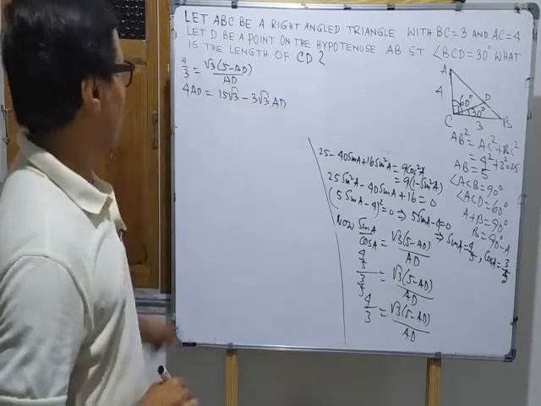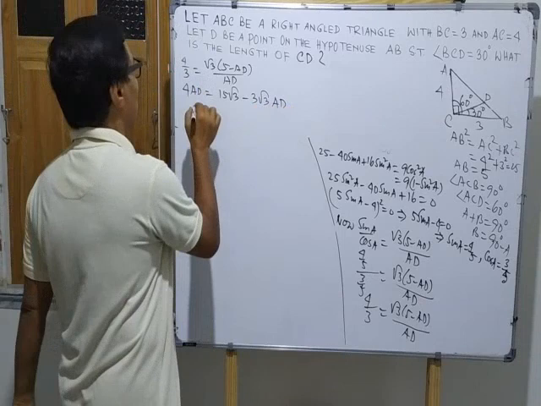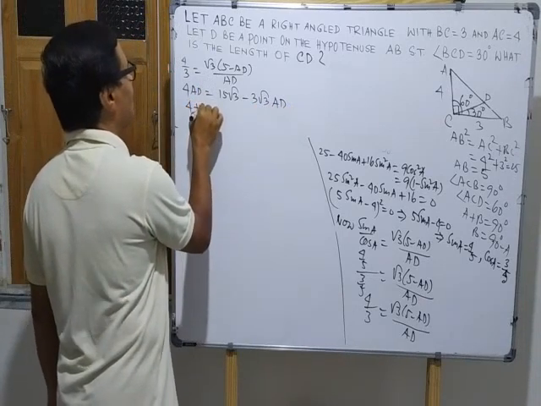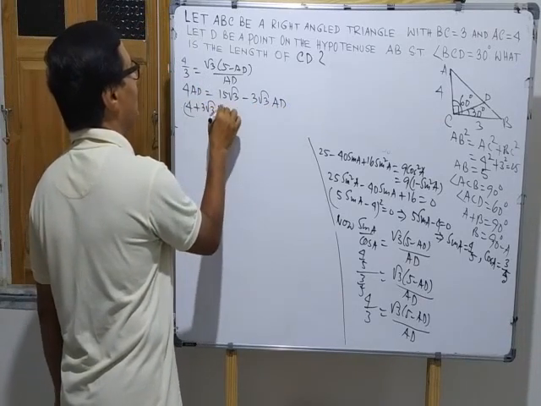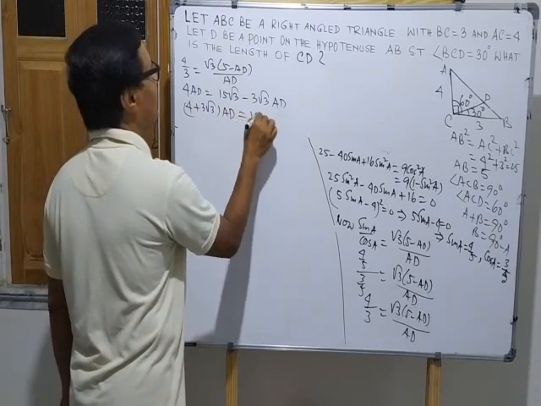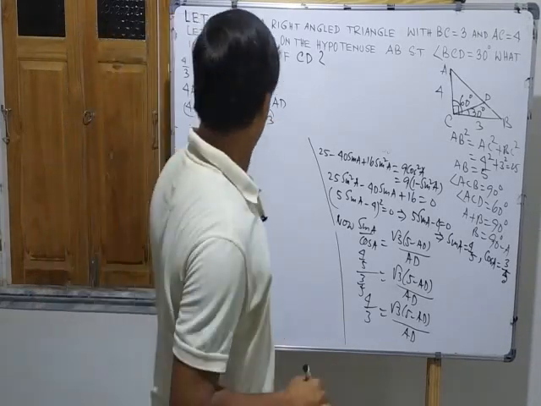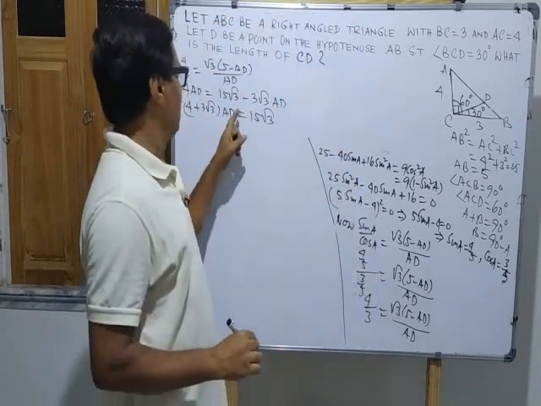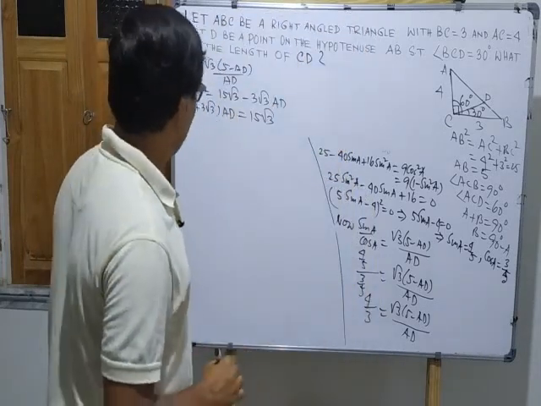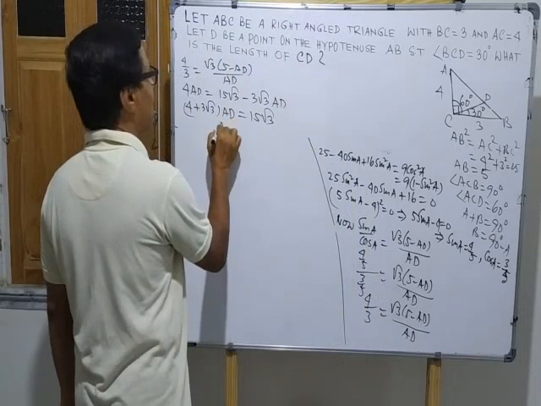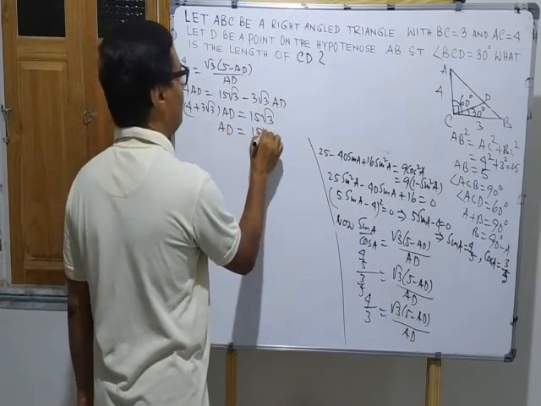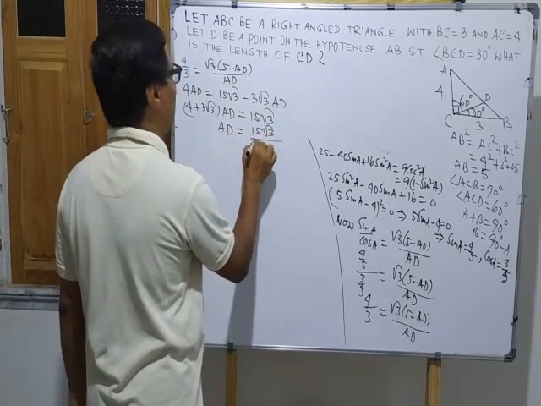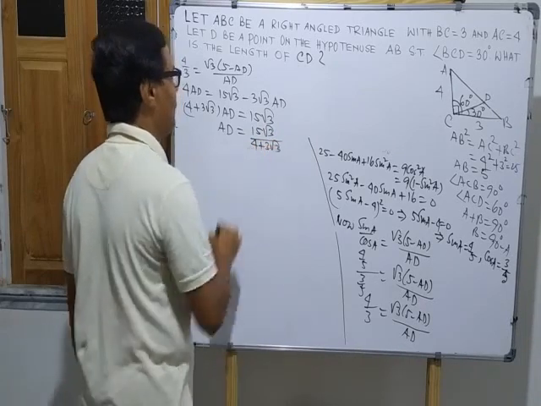So 4 plus 3 root 3 times AD equal to 15 root 3. So we can get the value of AD from this equation, that is AD equal to 15 root 3 over 4 plus 3 root 3. This is the value of AD.